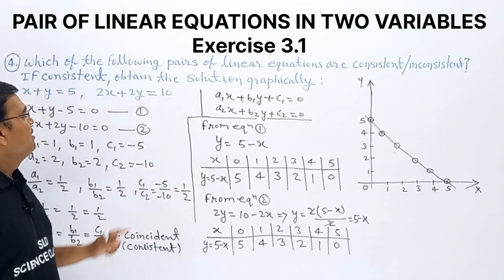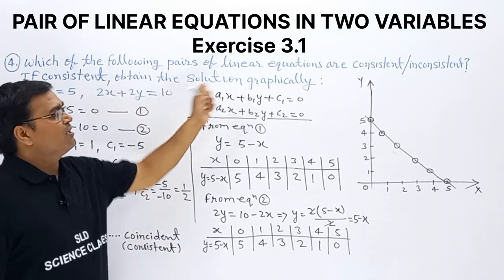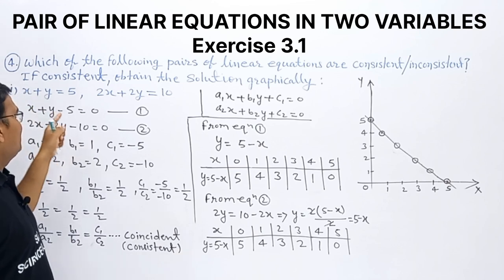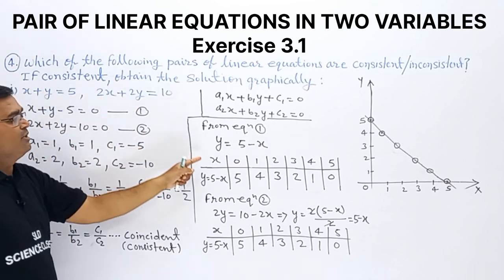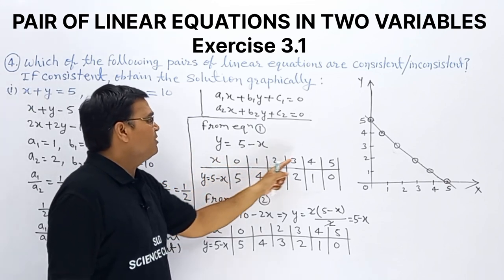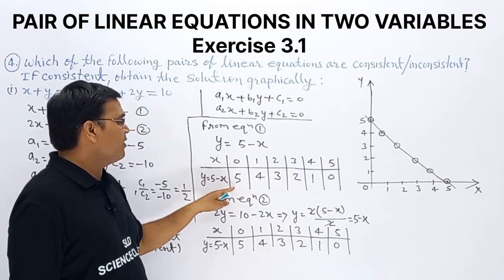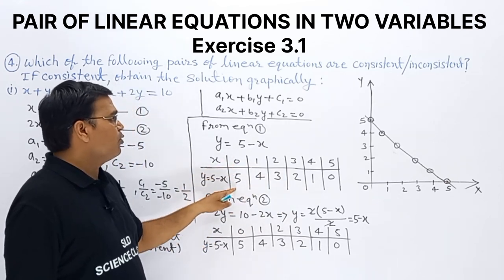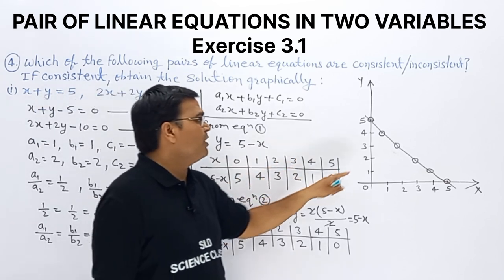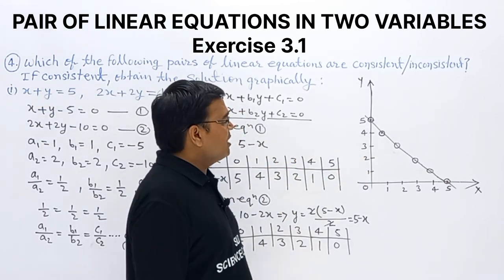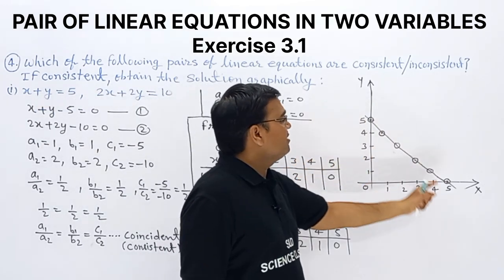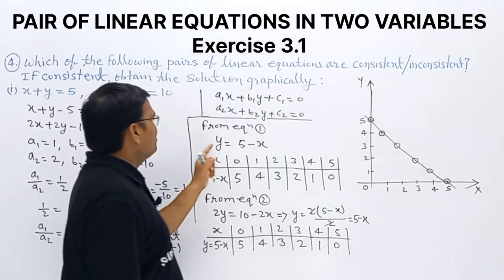Observe carefully. We want to obtain the solution graphically for equation 1. What will be the table? Different values of x, we are getting the y values, and now the x, y coordinates will be these, and I am drawing these points on the graph paper. Then we are getting the line like this. This is for equation number 1.